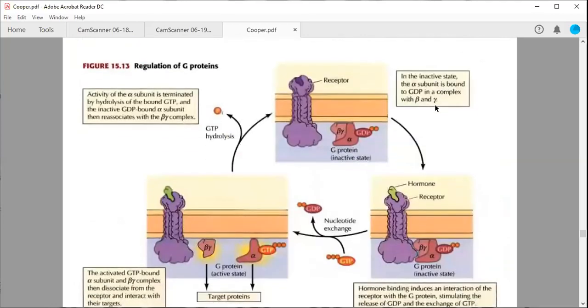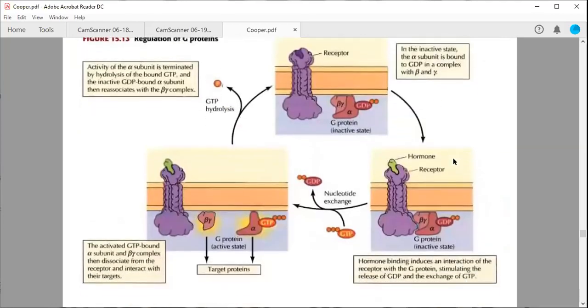Now, what is the regulatory mechanism, how are these receptor molecules and these GTP and GDP bound forms of G proteins being regulated? As I told you in simple words, there are three friends: one is called alpha, one is called beta, and another one is called gamma.